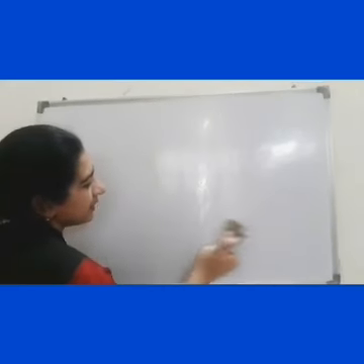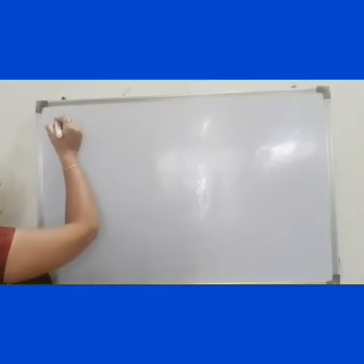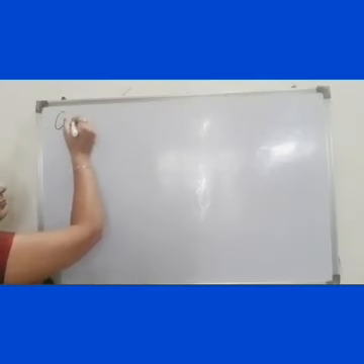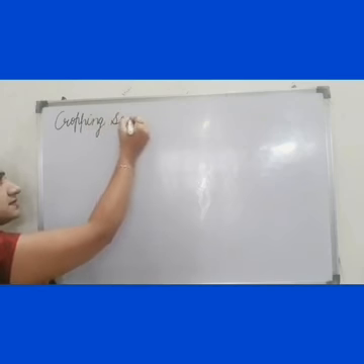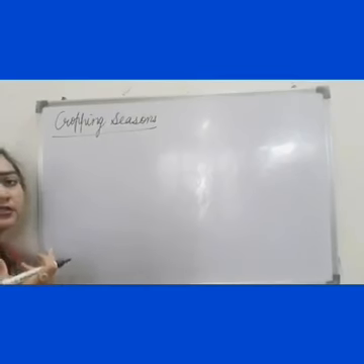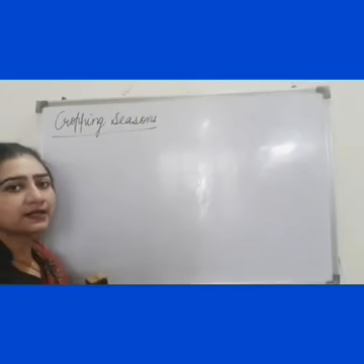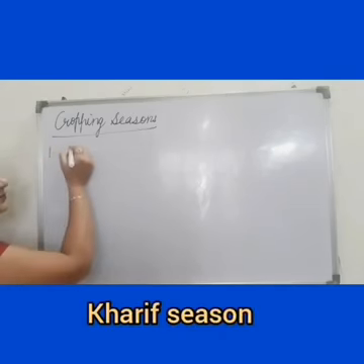This is the last topic for today's class. We have cropping seasons in our country. That is based upon the various requirements of plants regarding irrigation. We have two main cropping seasons in our country.